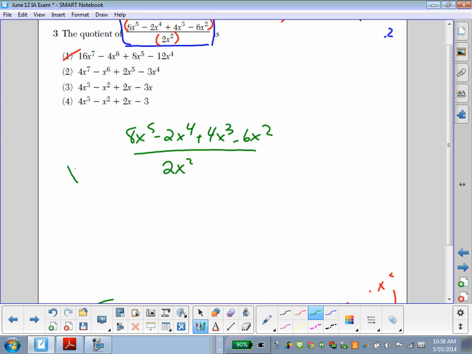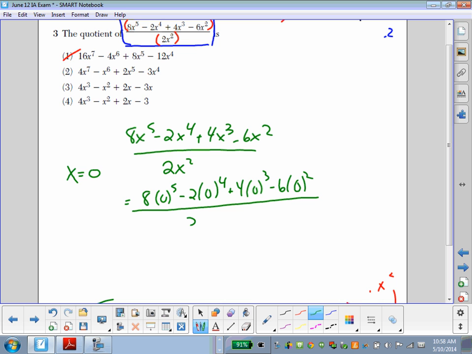If I set x equal to 0 and plug it in, I'm going to get 8 times 0 to the 5th minus 2 times 0 to the 4th plus 4 times 0 to the 3rd minus 6 times 0 squared, all over 2 times 0 squared.